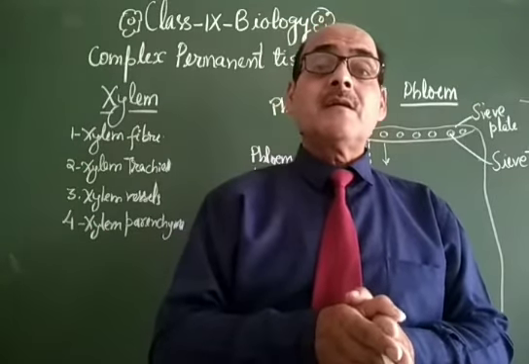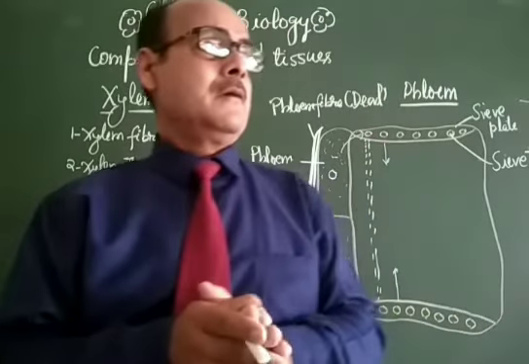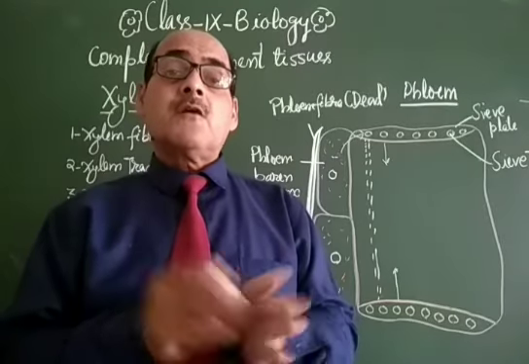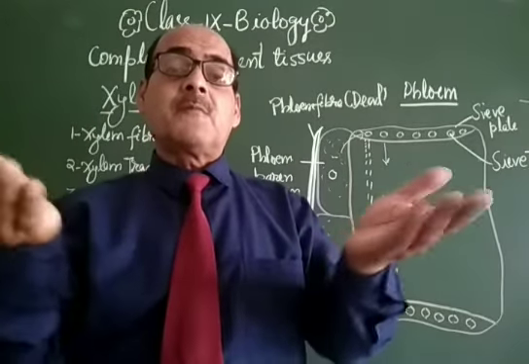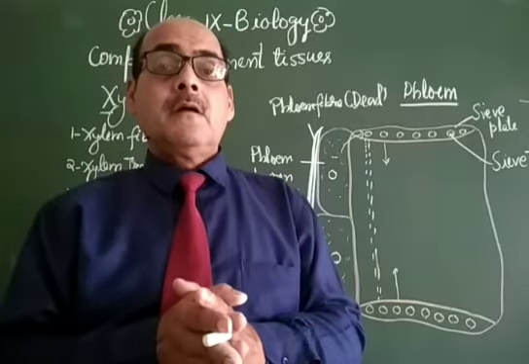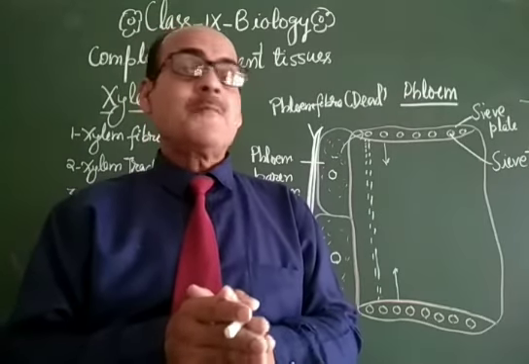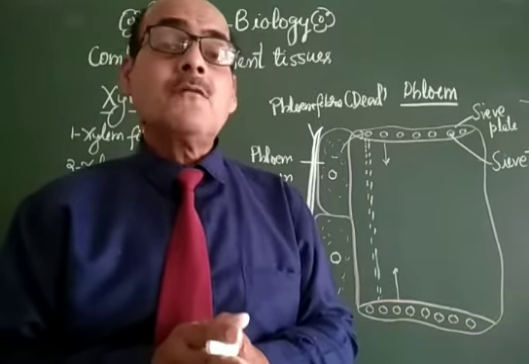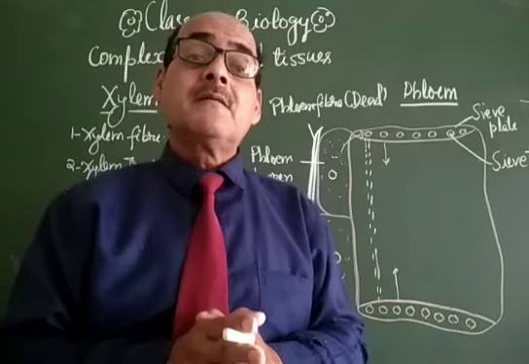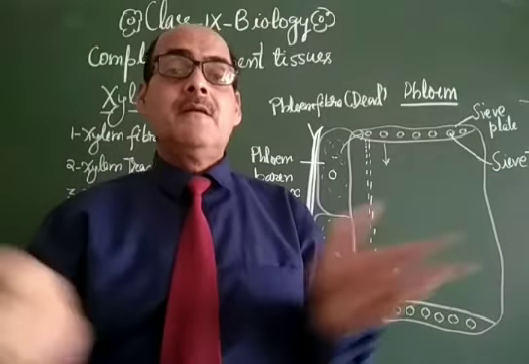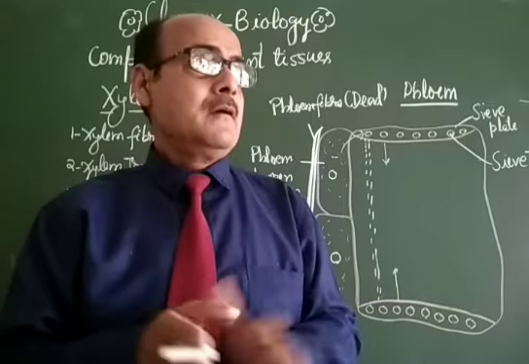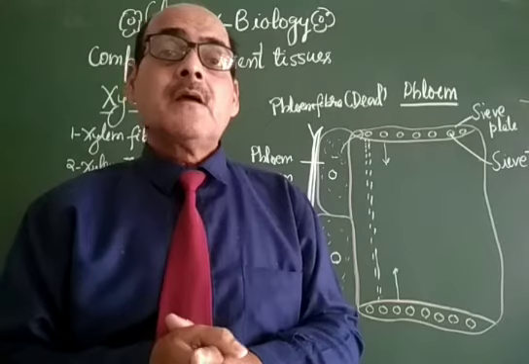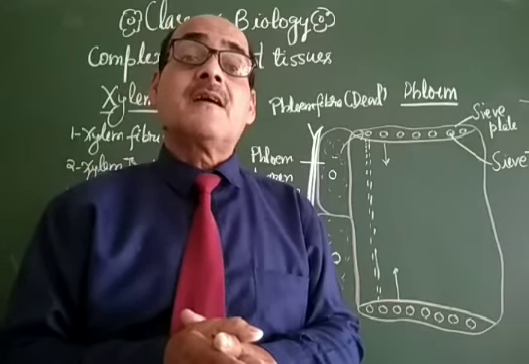But my dear students, sometimes you have seen water droplets on the leaves of different plants in the morning. The reason is a process called guttation. Guttation means when the water is not able to evaporate itself into the environment, then that water gets stored at the leaves and different parts of the plant body, and this process is called guttation.